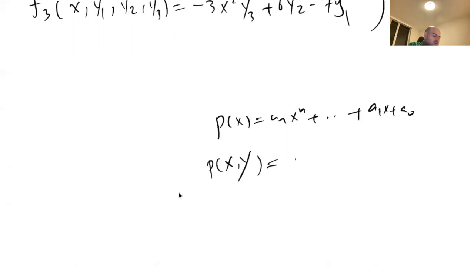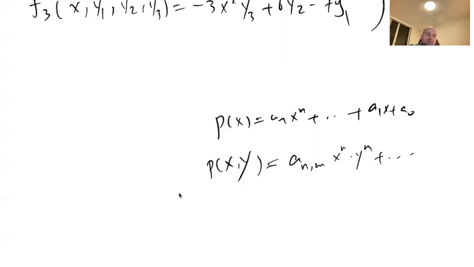Then we can write some constants, let's say n and m, x to power n, y to power m, and so on, right? So as long as you have integer powers of x and integer powers of y multiplied together times some constant and then added together, you have a polynomial function of 2 variables.